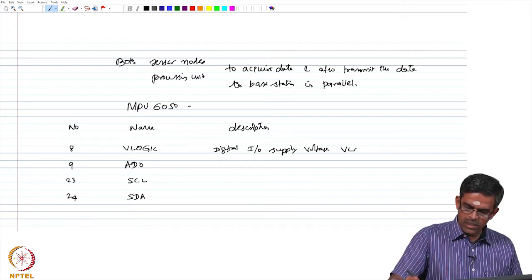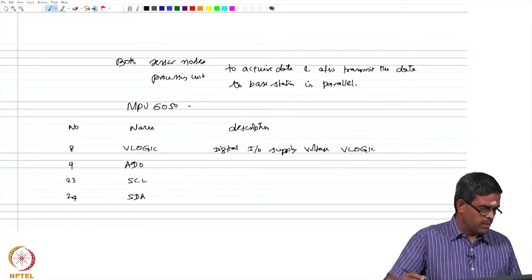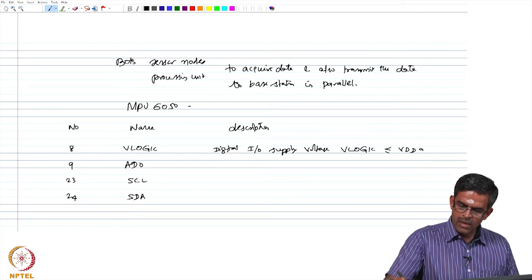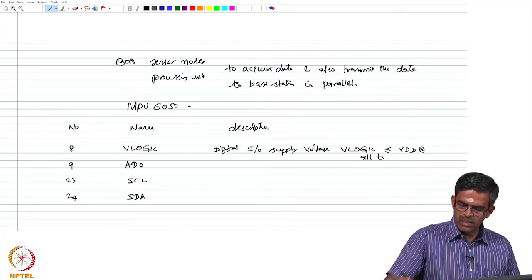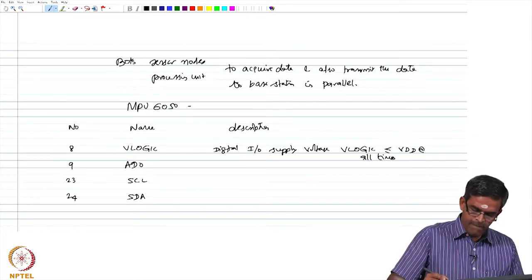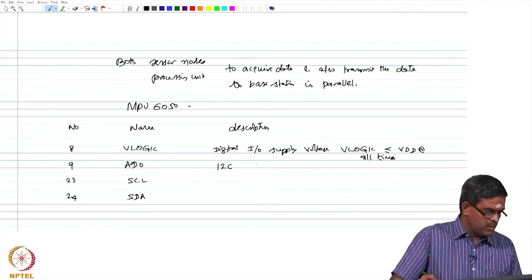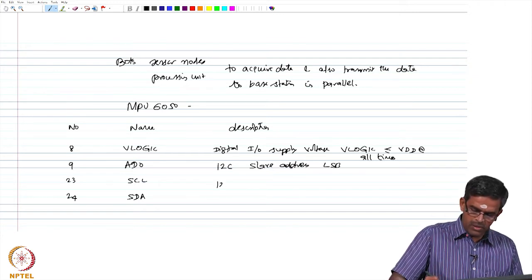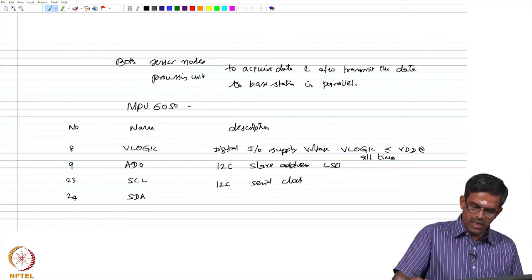So, V logic must be less than or equal to VDD at all times. Okay, that is the condition for operation. This is I2C slave address LSB. This is corresponding to I2C serial clock, as I said in the earlier point. This is I2C serial data.